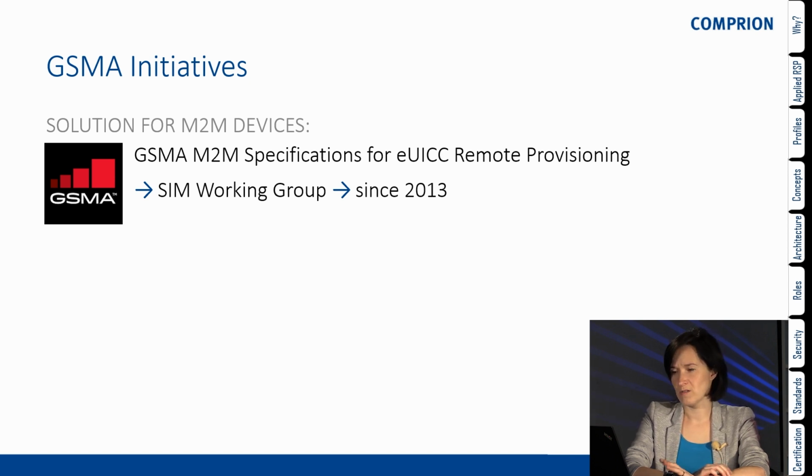This is almost seven years now. In the beginning in this group, the initiative was mainly driven by the card vendors or the SIM vendors, defining the standard, and also supporting operators.